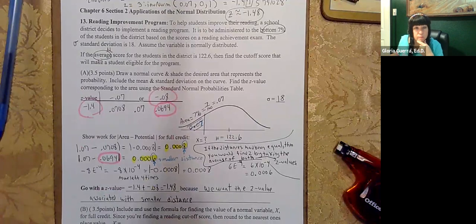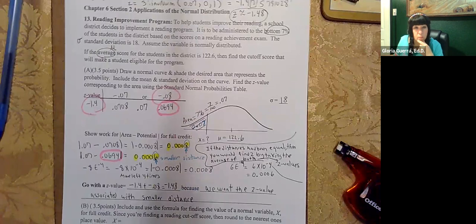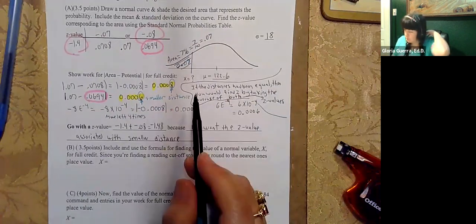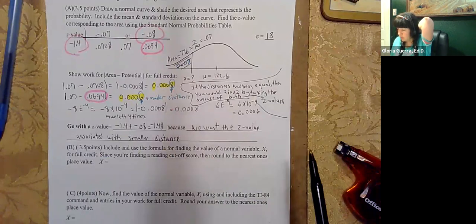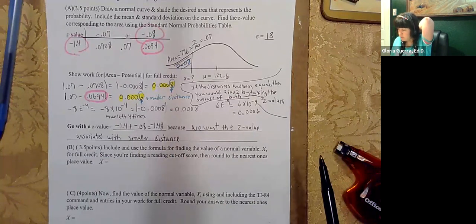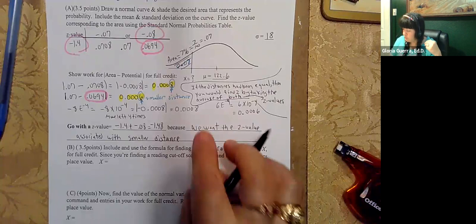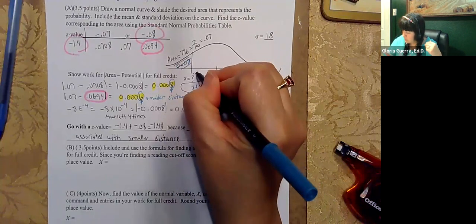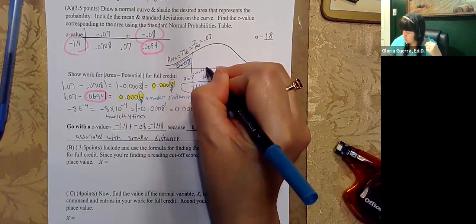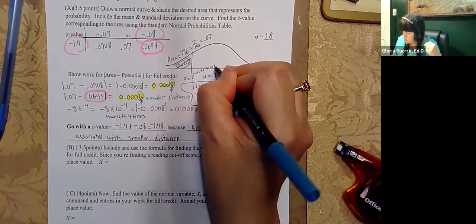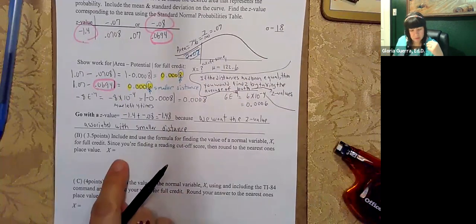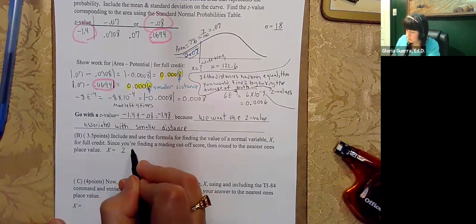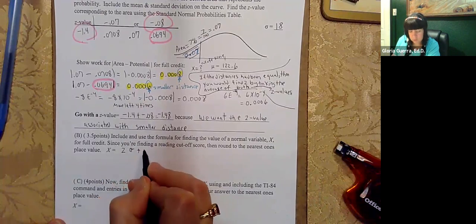Okay, now to find your x, because we need to find that cutoff score on the test. That's where this comes in, x equals z times sigma plus mu.